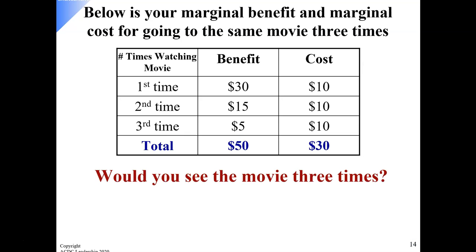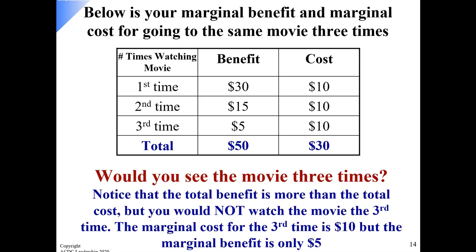Would you see the movie 3 times? Notice that the total benefit is more than the total cost, but you would not watch the movie the third time. The marginal cost for the third time is $10, but the marginal benefit is only 5.